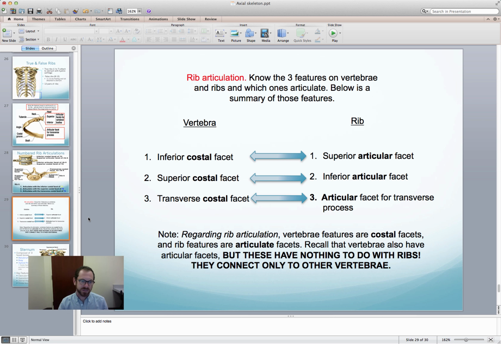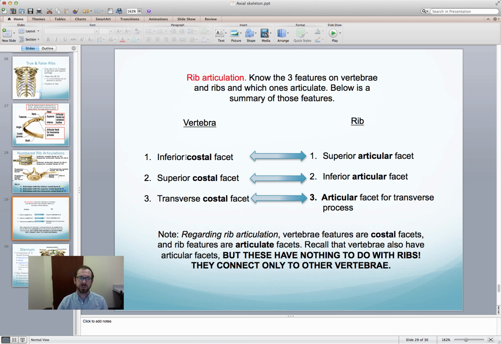Now, to summarize this, I know it seems pretty jargony, okay? But this slide is going to be your best friend for rib articulation. Okay, so there's 3 features on the vertebrae and 3 features on the rib that you need to know connect. All right, so on the vertebrae, we've got the inferior costal facet, superior costal facet, and transverse costal facet.